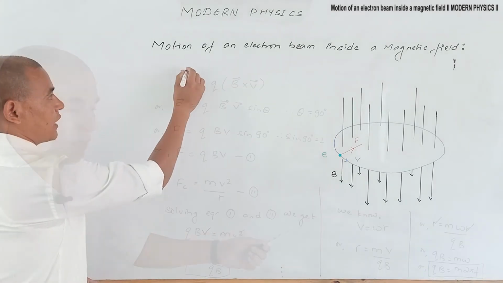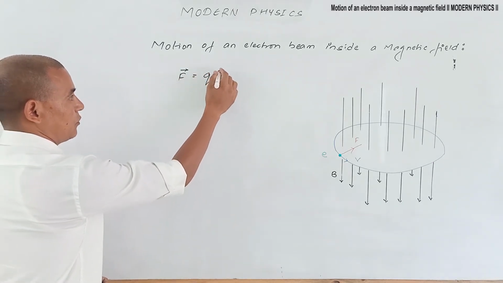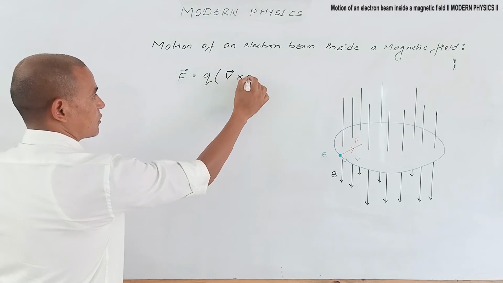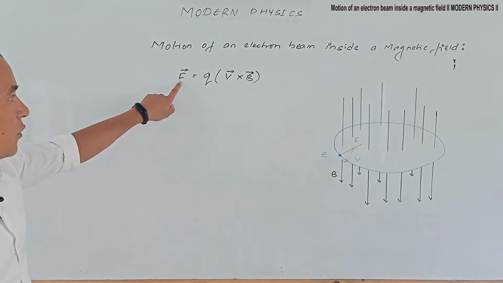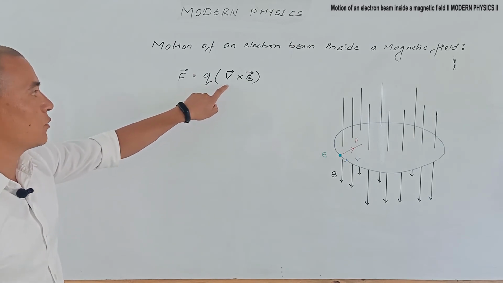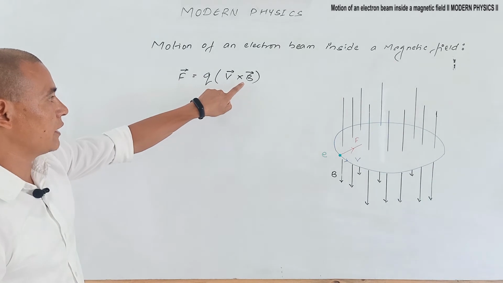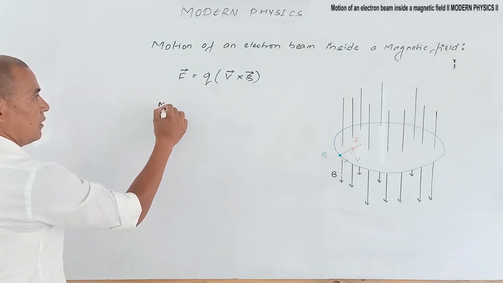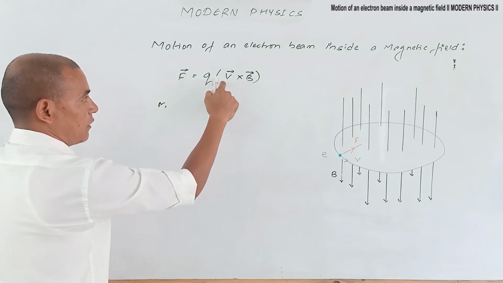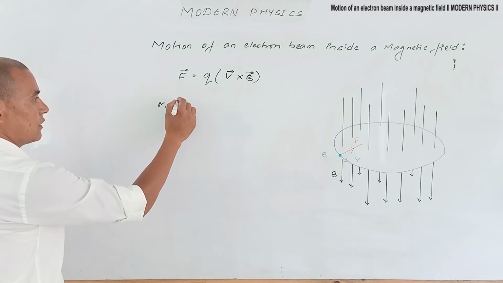The Lorentz force experienced by the electron is written as q v cross B, where F is the Lorentz force, q is the charge of the electron, v is the velocity of the electron inside the magnetic field, and B is the magnetic field. Now force, velocity and magnetic field are mutually perpendicular to each other.